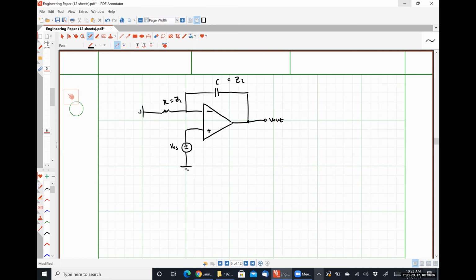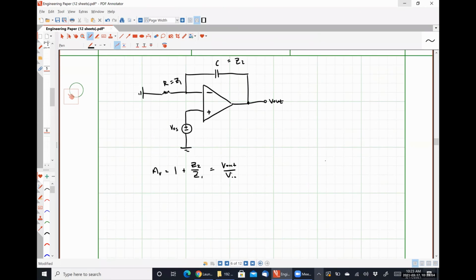That's the easiest way to look at this thing. So we know that AV should be something around 1 plus Z2 over Z1, which is equal to Vout over Vin.